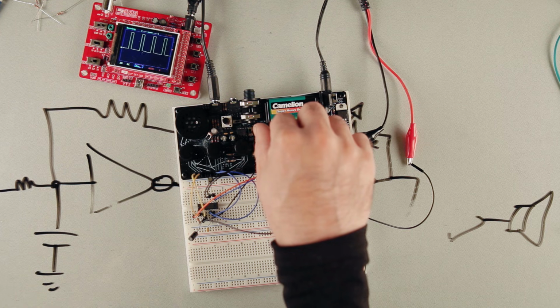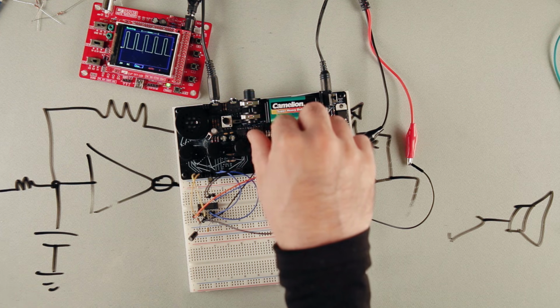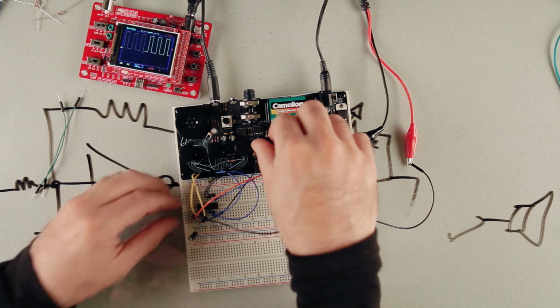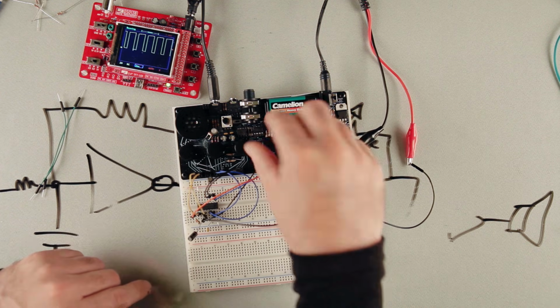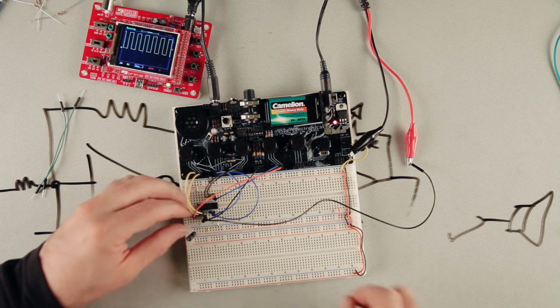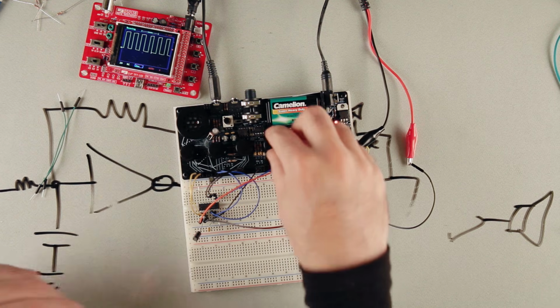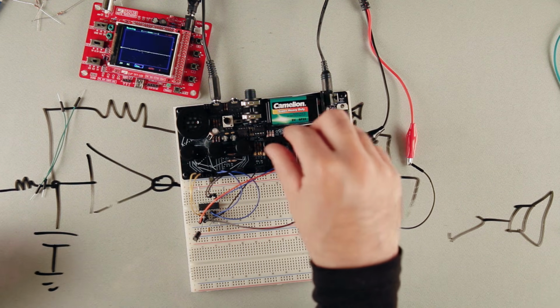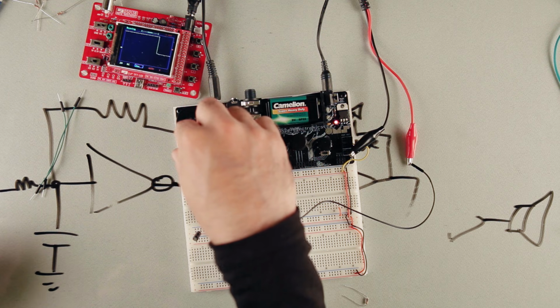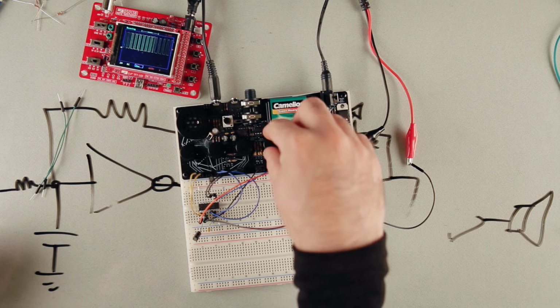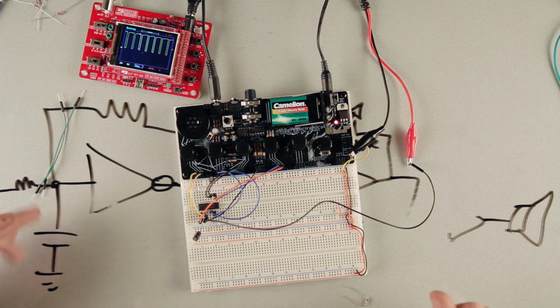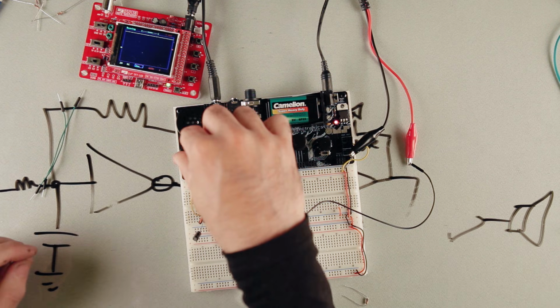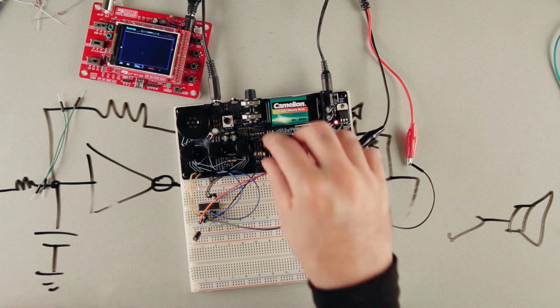And now it's much deeper. What I did is I left the limiting resistor in place so it can't go too low, but if I remove that, then I can just go straight in and I can make it go so deep that it actually kills the oscillation. So if you like squealy, dying electronic sounds, then maybe this is for you.